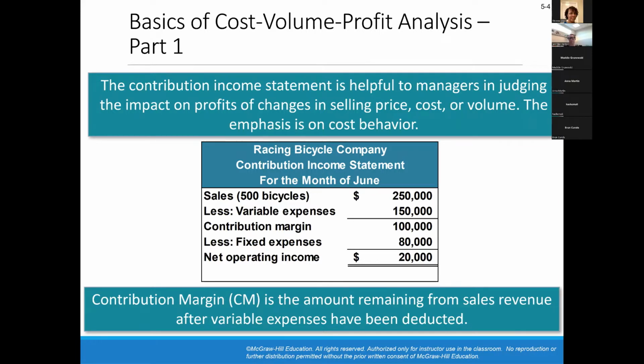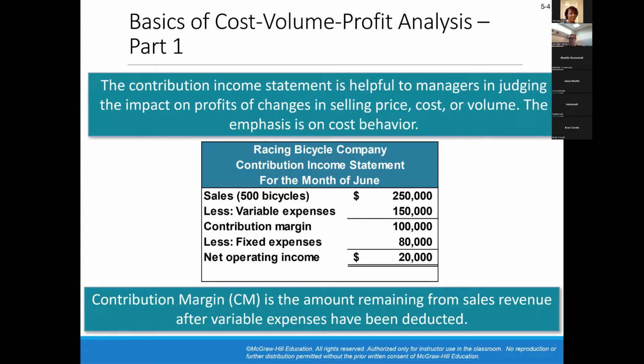You can look at it on a unit basis or however many units you're selling to see what's my break-even point. Do I need to make some changes in my fixed expenses to make more money? Can I sell some additional units at a lower price and still have some income on top of what I would normally get?